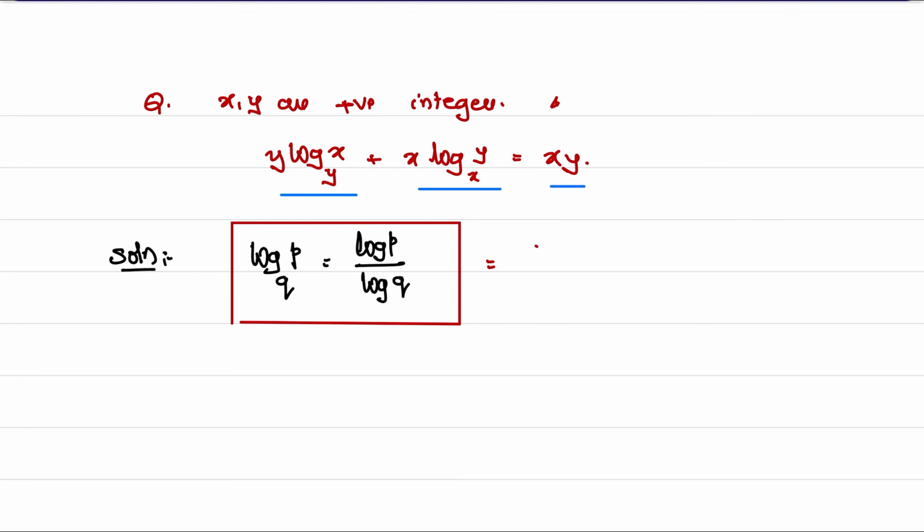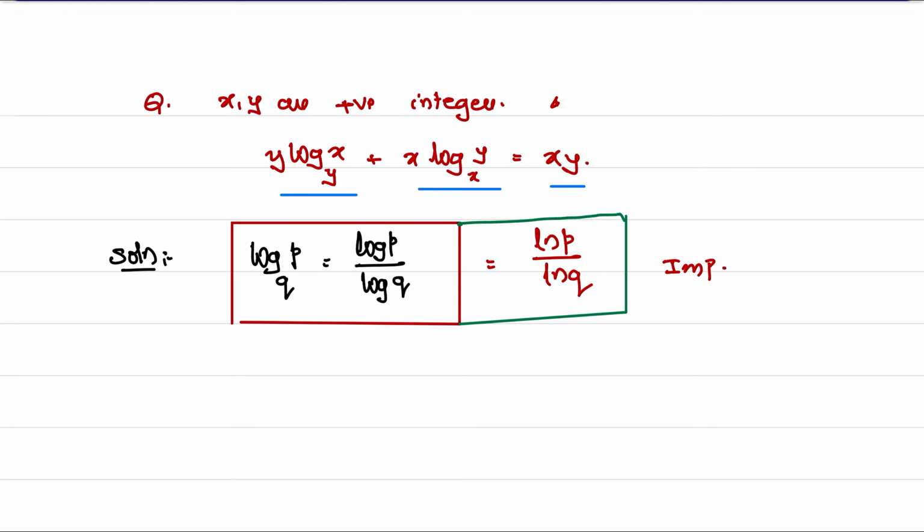This can also be written as ln p divided by ln q if you take the natural logarithm. By using this property, we will be solving this equation.